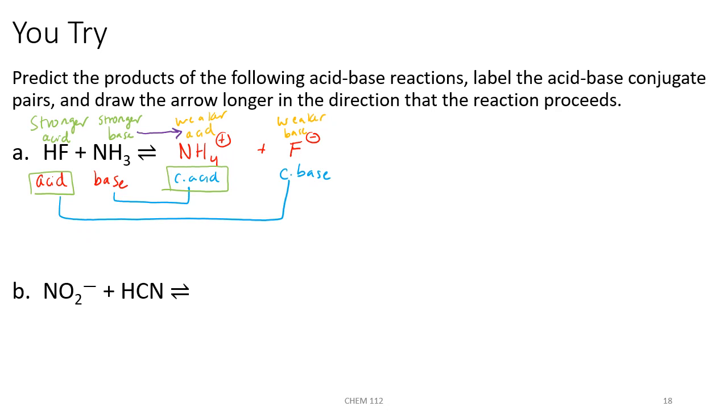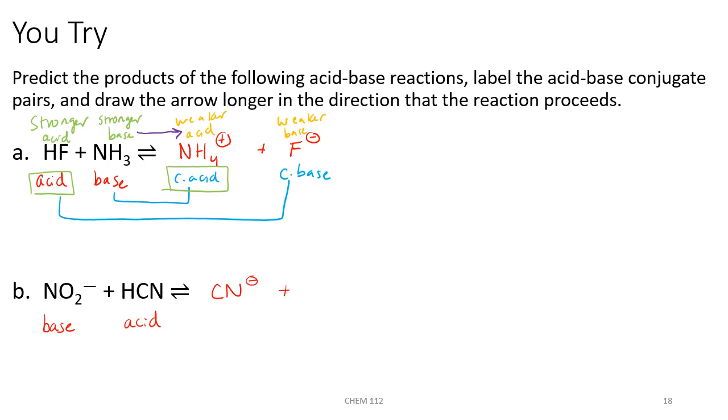And in our last example, we have NO2-, which is nitrite, reacting with HCN. So HCN has a proton it can donate, whereas NO2- doesn't have anything that it can donate. So the NO2- is going to be a base, and HCN will be the acid. When HCN gives up its proton, we're left with cyanide, CN-.